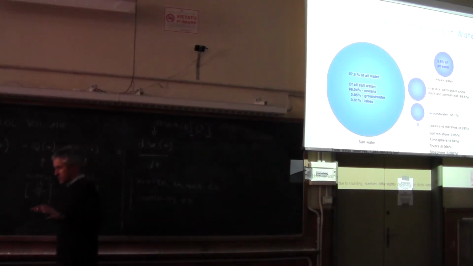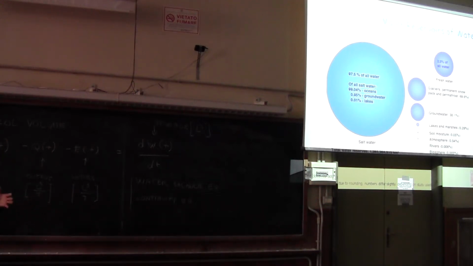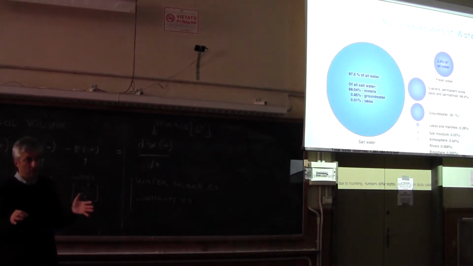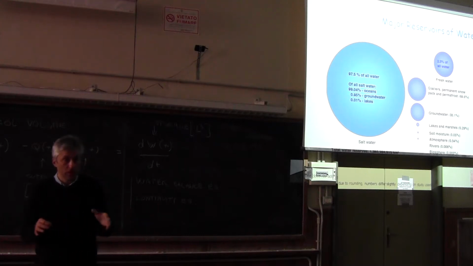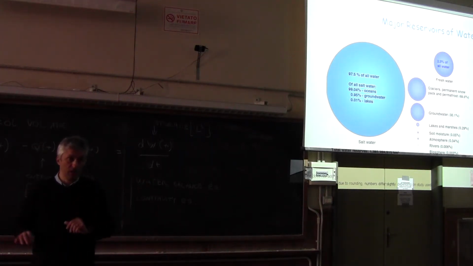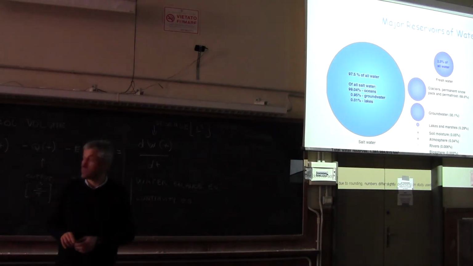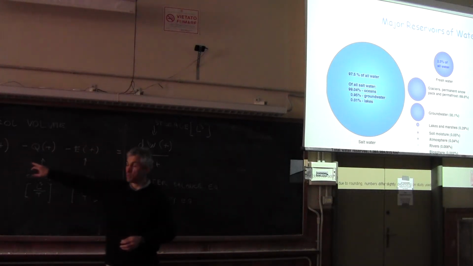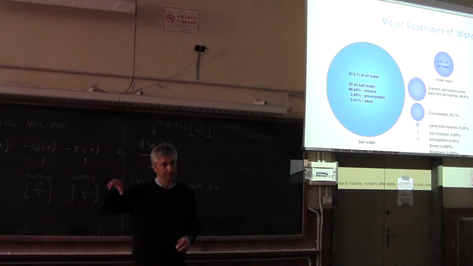In any case, when you integrate an equation, you need to specify an initial condition, a time t equal to 0, from which you start to reconstruct the story of your system. And also you need the boundary condition, which in this case are the inputs and also the losses.